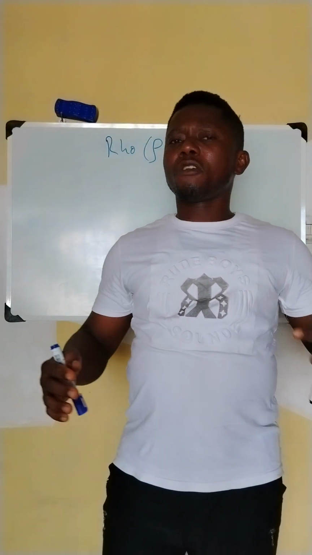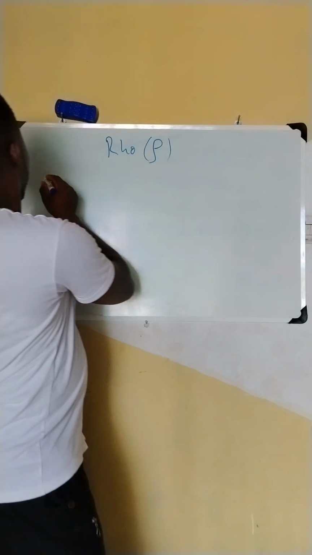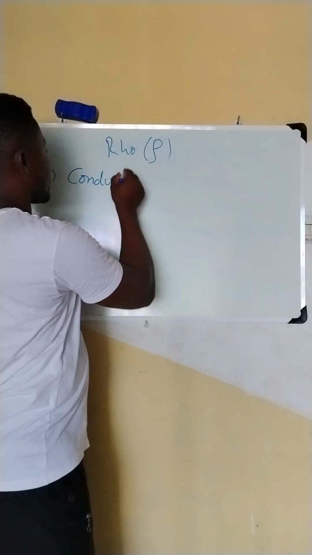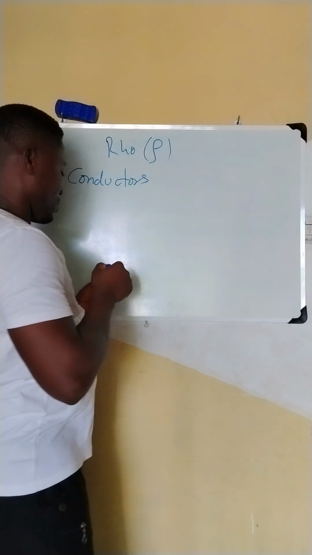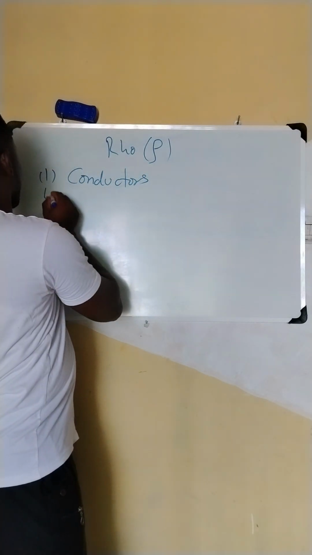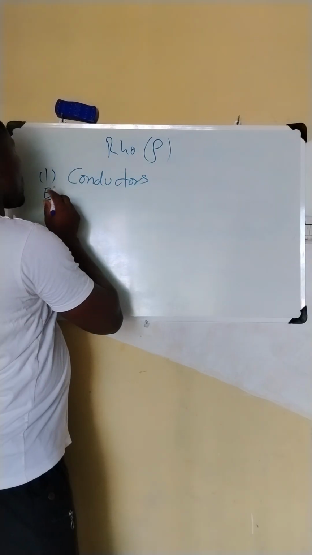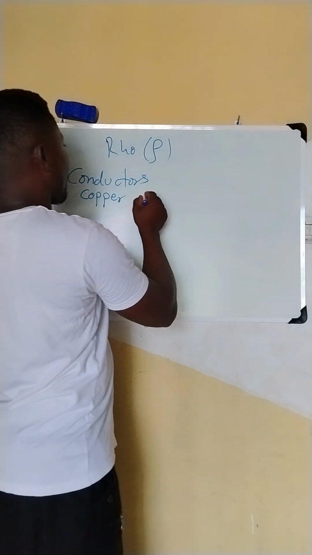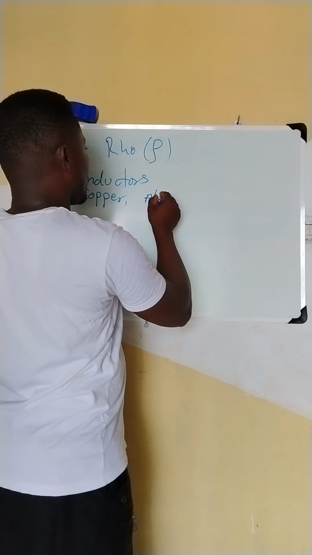Right. Based on resistivity, materials are grouped into three. The first one, number one, is conductors. Examples of conductors: we have copper, we have aluminium.